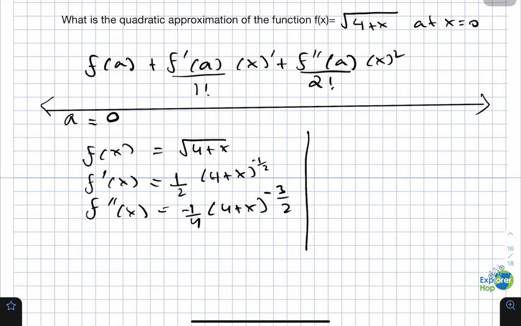And we would know that f of 0 equals 2, because when we substitute in 0 we would get square root of 4, which is 2. f dash of 0 would give us 1 by 2 multiplied by 1 by 2, which is equal to 1 over 4.